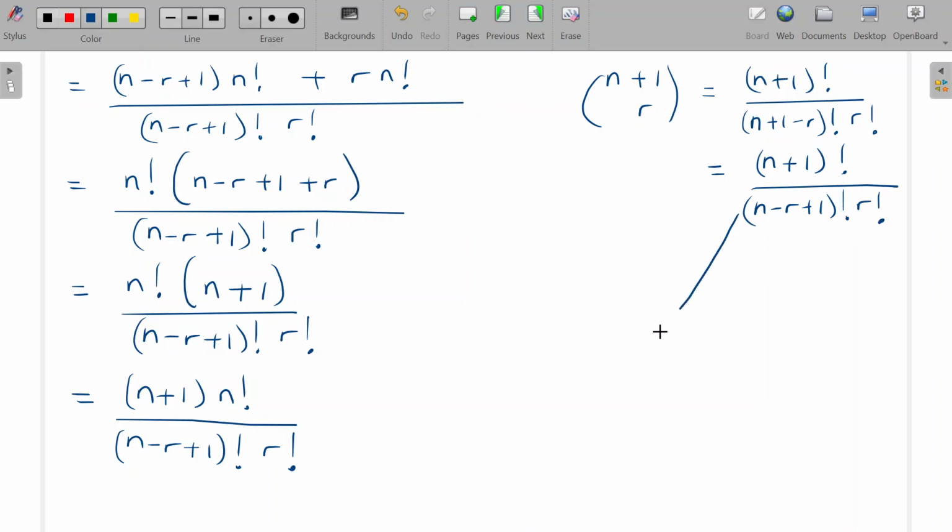Are we able to see that at the bottom we have the same, right?